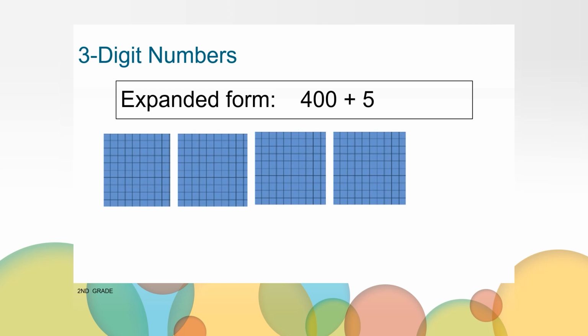It should look like this: 4 hundreds and 5 ones. There are no 10 sticks in the number in the expanded form 405.